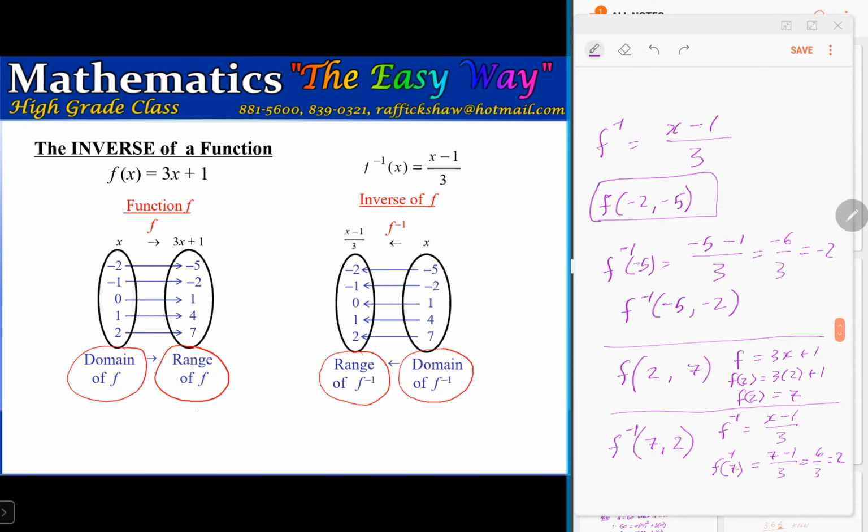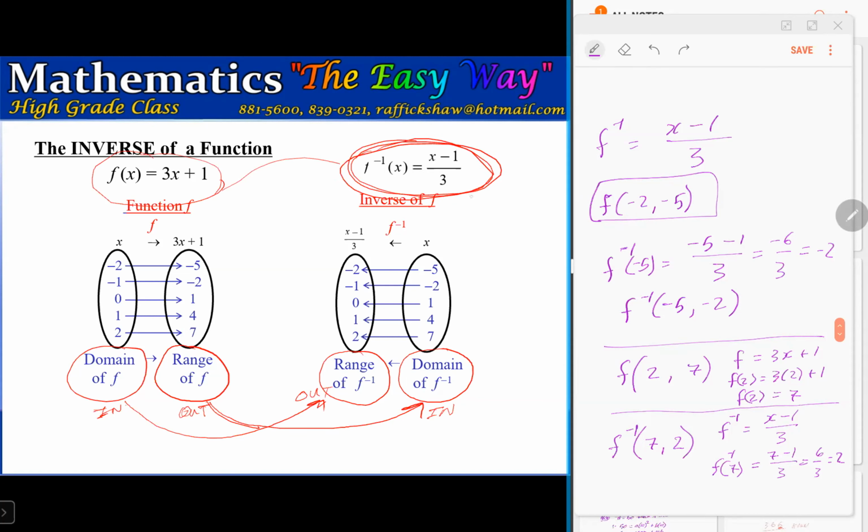So the output value over here becomes the input value over there, and the input value over here becomes the output value over here. This formula is the function, and this formula is the inverse. And this formula over here will take the output values and carry them back to the input values. That's what happens with the function and the inverse.